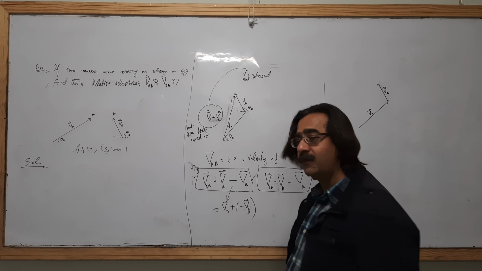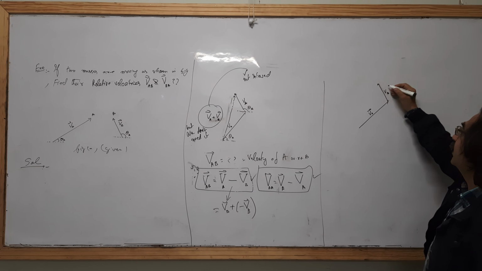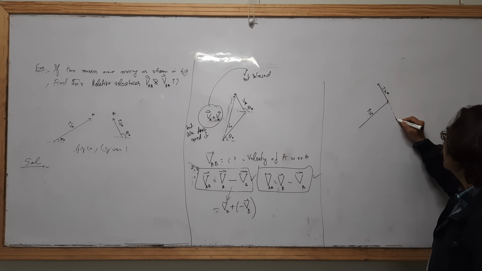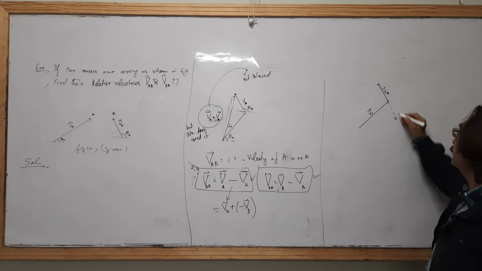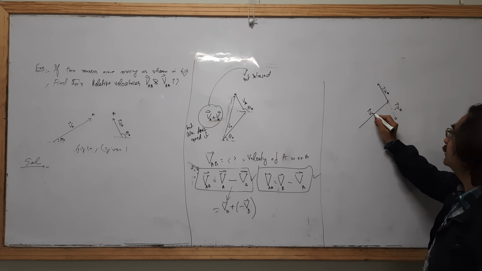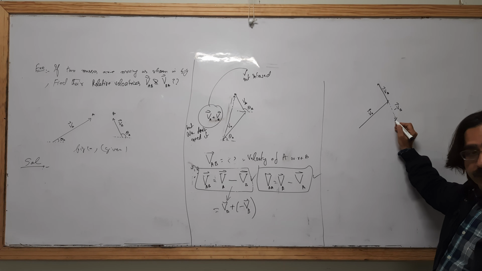So I may write it in the form of VB, and negative VB means the reverse of this. This is VA, this will be minus VB.